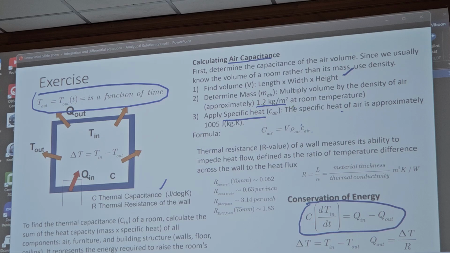And the specific heat of air, this one. All these units are in SI units. So C will be this one. Look at this one, it's like a constant, right?